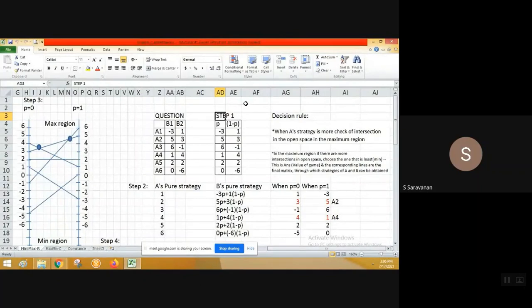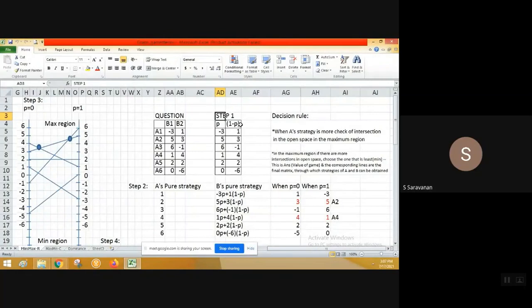Instead of B1 and B2, I am just introducing a different variable here, P and 1 minus P. It doesn't mean that it should be P. It can be any alphabet, Q, 1 minus Q, anything. I have used P and 1 minus P because I'm going to frame an equation. Instead of B1, P; instead of B2, 1 minus P, to frame an equation useful for me.